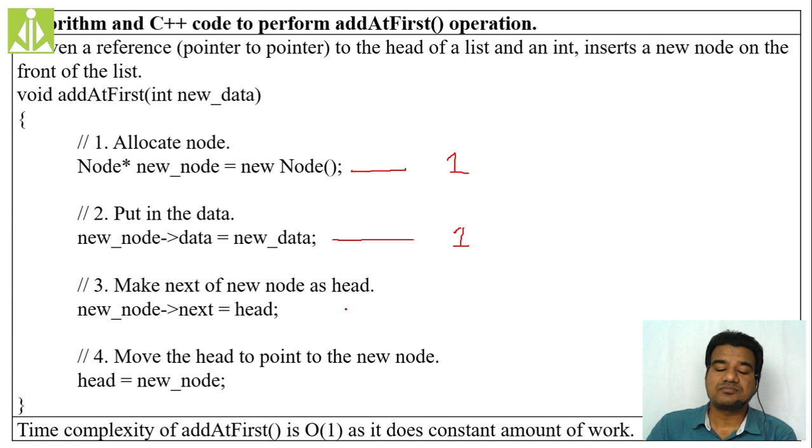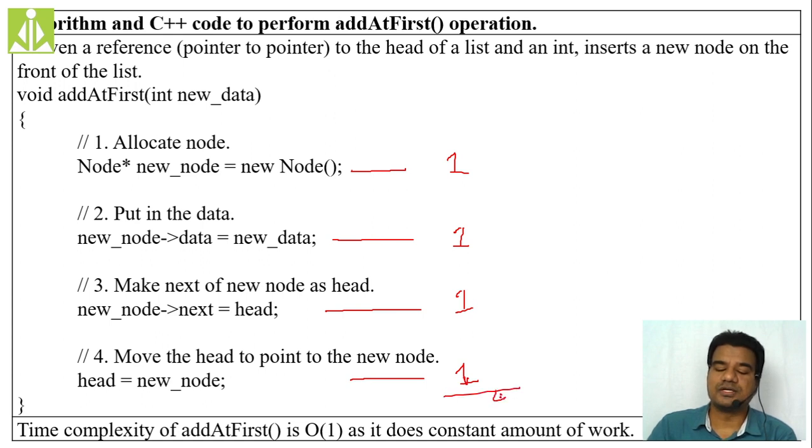And here, assigning the head pointer to the newly created node's next pointer will also take 1 unit of time. And finally, making the newly created node the head node will also take only 1 unit of time. So total how many units?